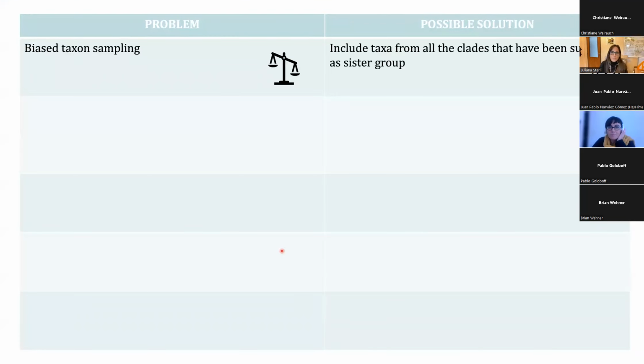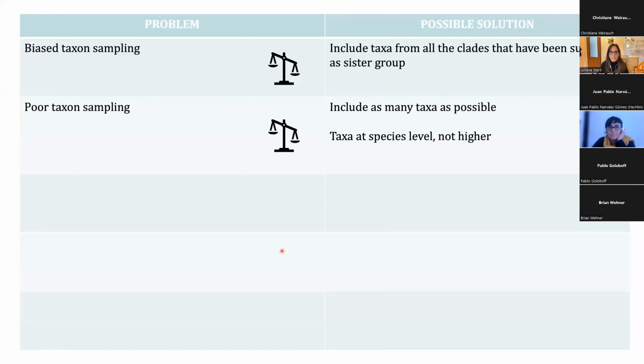So we would like to propose some changes to this, for example, to include taxa from all the clades that have been suggested as sister groups, because all this seems really obvious when I was writing this, but it seems they are not so obvious because we keep on doing the same mistakes.